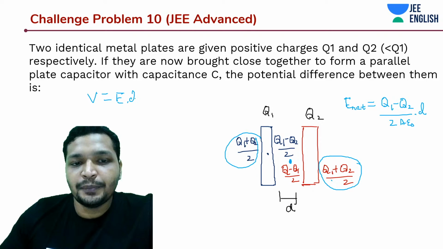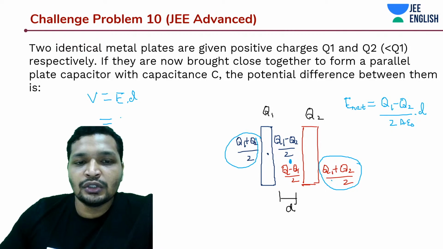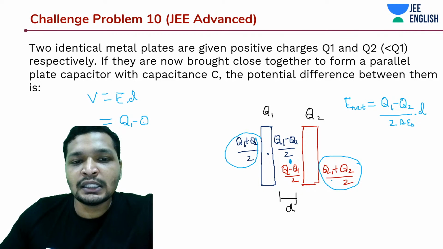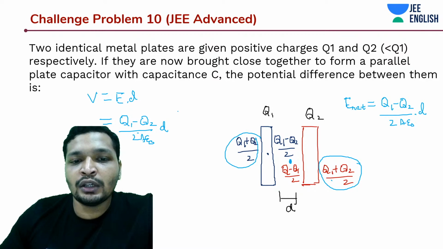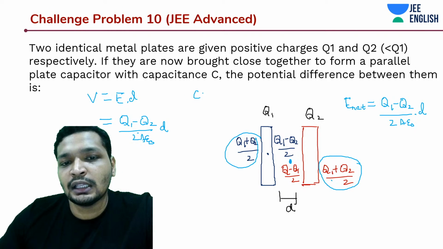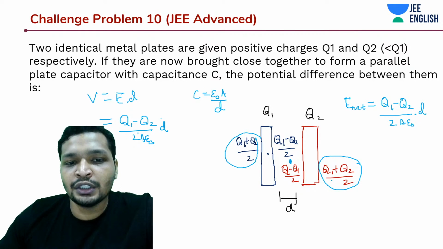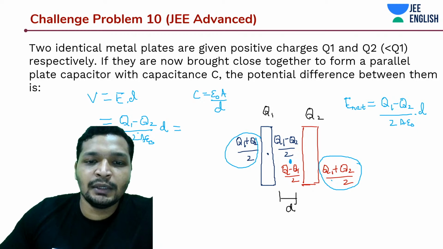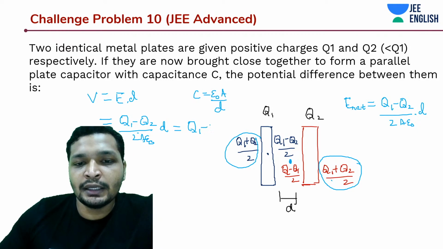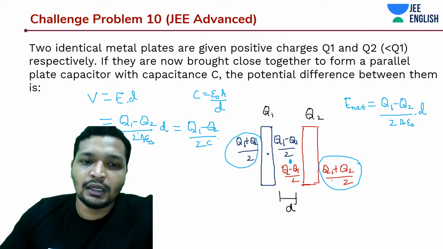E into D. So it's going to be Q1 minus Q2 divided by 2A epsilon naught into D. And what is the value of C? C is nothing but epsilon naught A by D. And what should this be? Q by 2C. Right? This is nothing but Q1 minus Q2 divided by 2C.